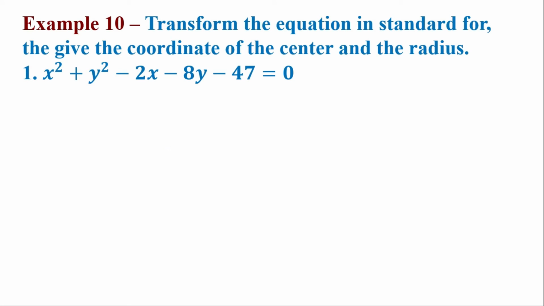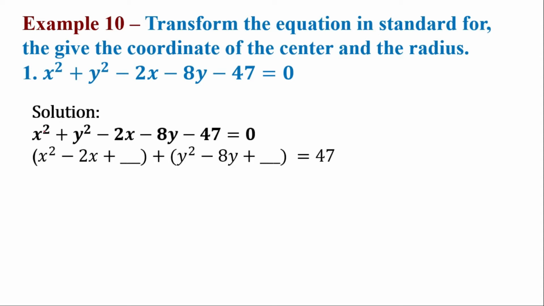To do that, let's group the terms into x's and y's. So here I group x squared minus 2x, and I put an additional plus and a blank here. So plus y squared minus 8y plus a blank here, and I move negative 47 to the other side. That's why I have 47.